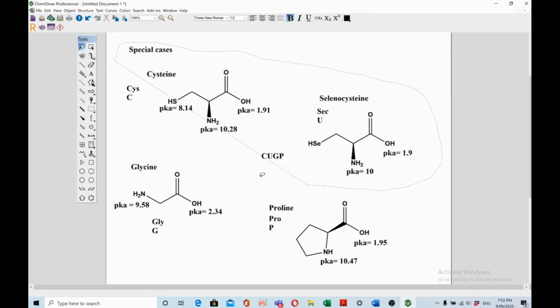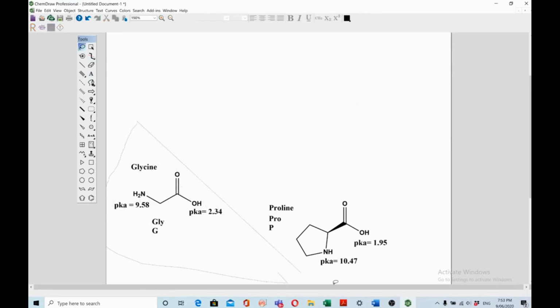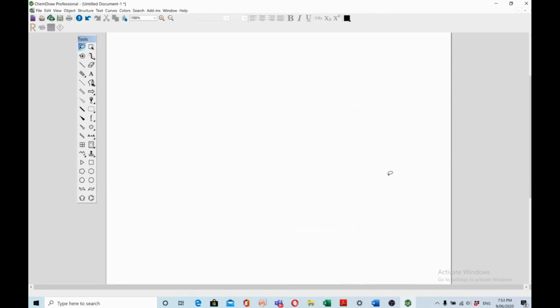Now let's move to the next level of amino acids, a big class that contains a hydrophobic side chain. One of them is alanine.